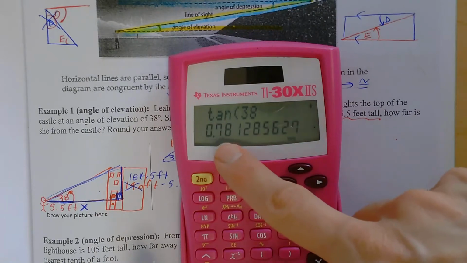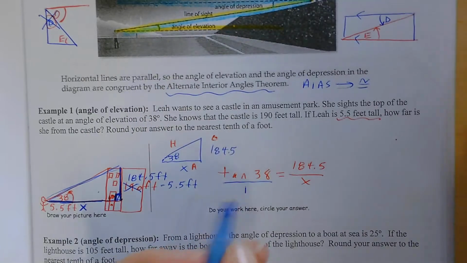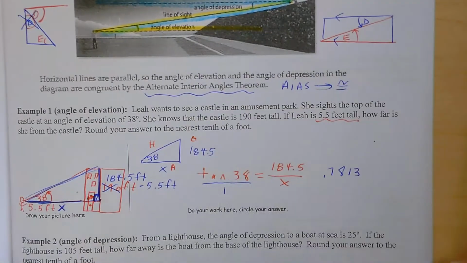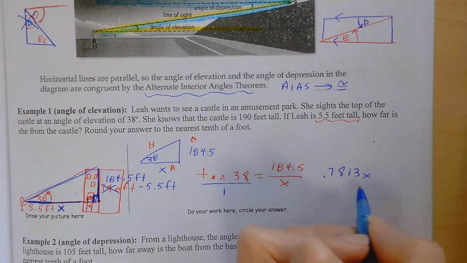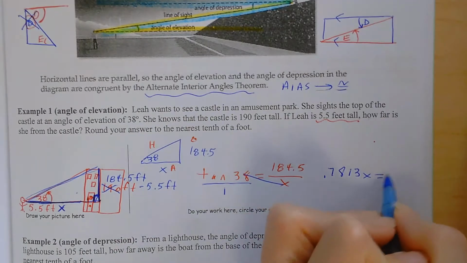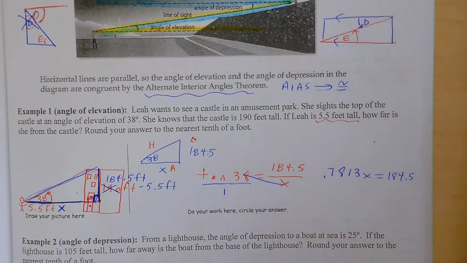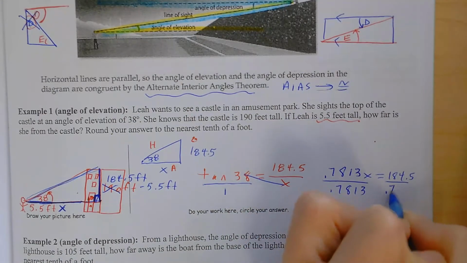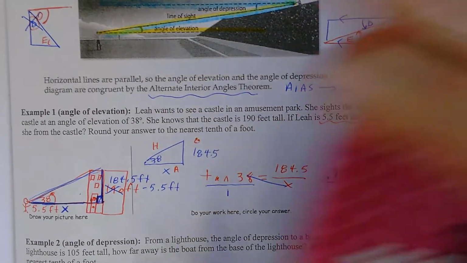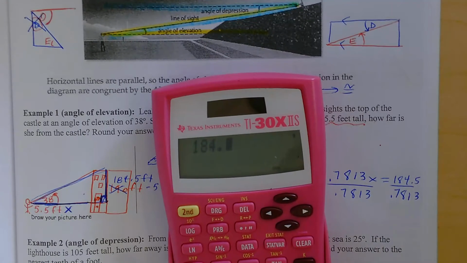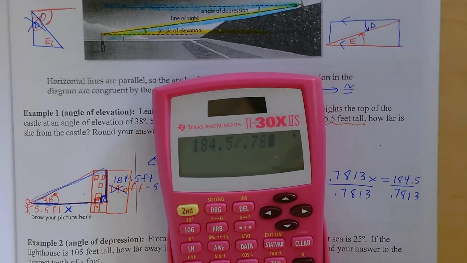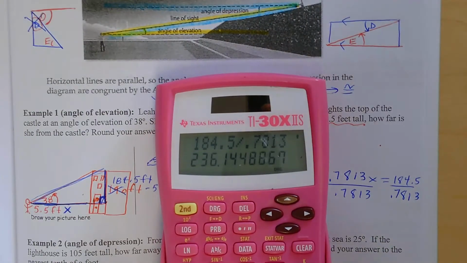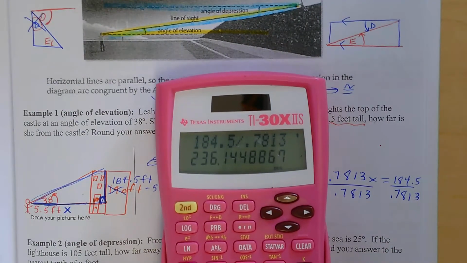So we're going to do 0.7813 x, because I'm going to cross multiply that, equals 184.5. And then I'm going to divide by 0.7813. So I'm going to do 184.5 divided by 0.7813. And I'm going to get a distance of 236.1 feet.